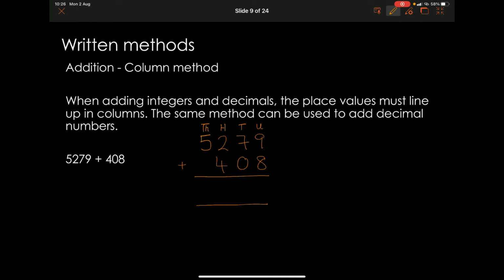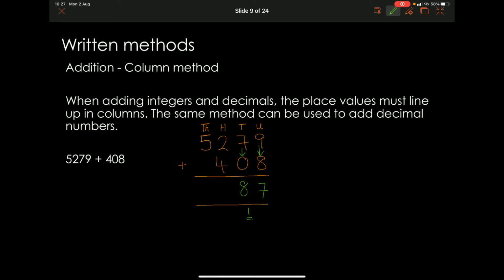Okay. So if I just change my colour pen, you'll be able to see this. We're going to do 9 add 8, and 9 add 8 is 17. So we have the answer 17, but what we do is we write the 7 there, and we carry the 10 over to the next column. We would then do 7 add 0, which is just 7, and then we would add on this 1 here, giving us 8, and 8 would go there.